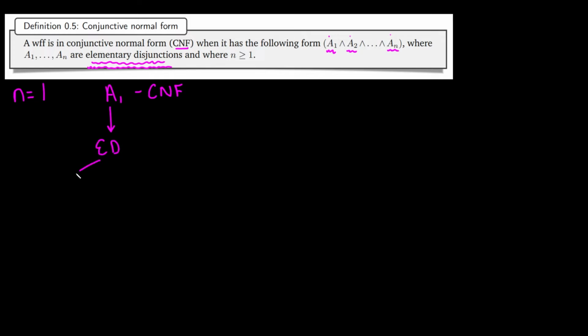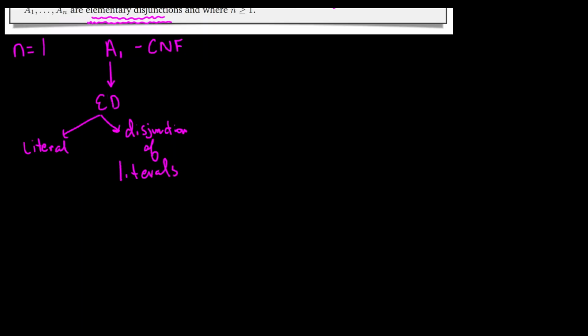What this means is that that formula either needs to be a literal well-formed formula or it needs to be a disjunction of literals. Let me give you examples of each. So in the case of literals, if we had a formula like P, not Q, or R, well, then these formulas would be in conjunctive normal form because they are literal well-formed formulas.